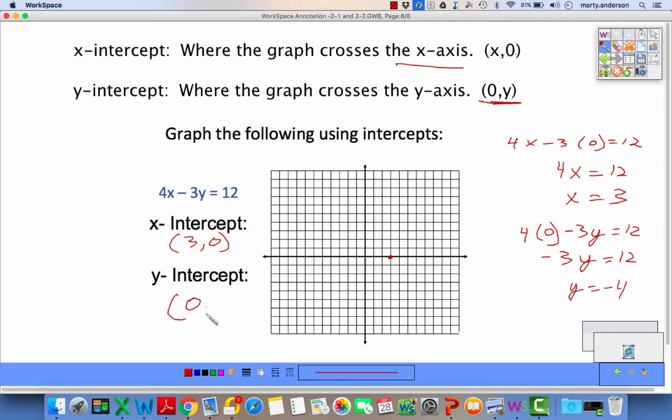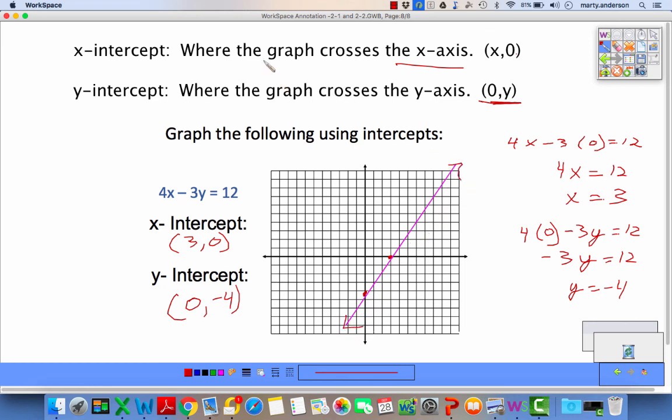I get 0, negative 4 for the y. So I get 0, 1, 2, 3, 4. I go down there, grab your trusty straight edge, do some graphing. Let's see how I did. That's not bad. Put some dots at the end, or some arrows at the end, and we are set.